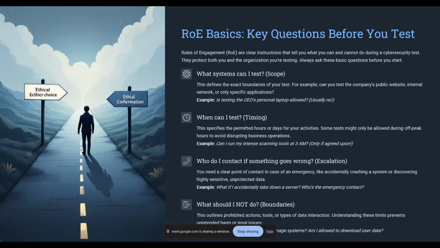And also, like I said, what you should do as well as what you should not. There are some boundaries. Because of Nmap, there may be excessive DoS-like behavior, and the tools or the systems might crash.